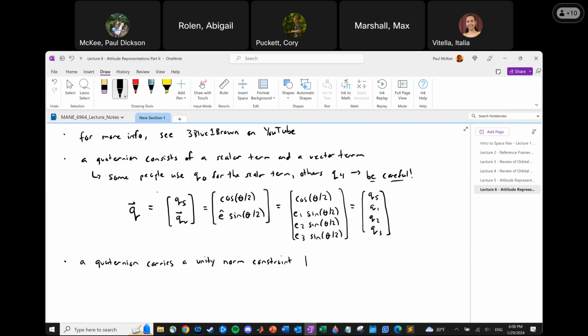That is that the norm of Q. And to be clear, this is the norm of the whole Q, not the vector part of the Q. The norm of the whole Q is 1. So Q scalar squared plus Q1 squared plus Q2 squared plus Q3 squared all equals 1.